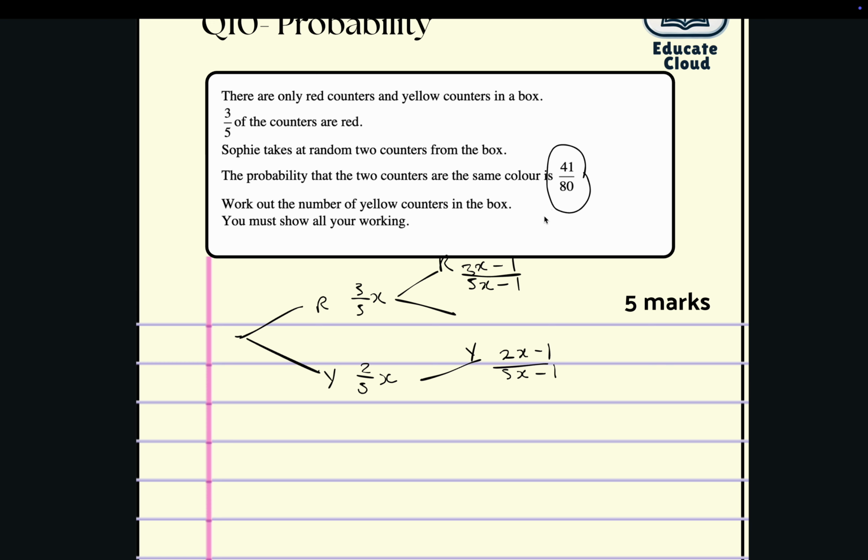Okay, so what we are going to do now, let's write it as 3x over 5x because we don't know the counters. So 3x over 5x times 3x minus 1 over 5x minus 1 for red.